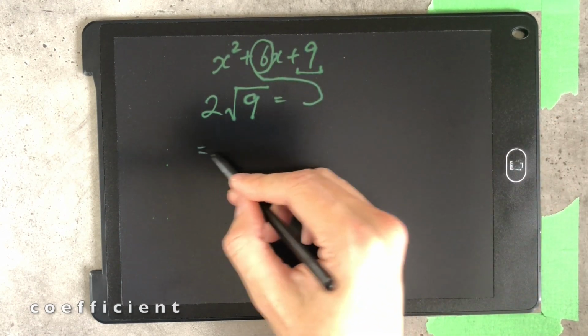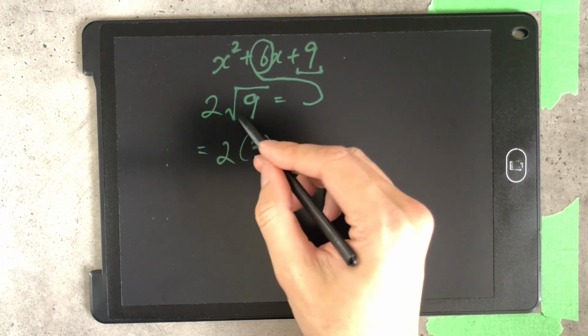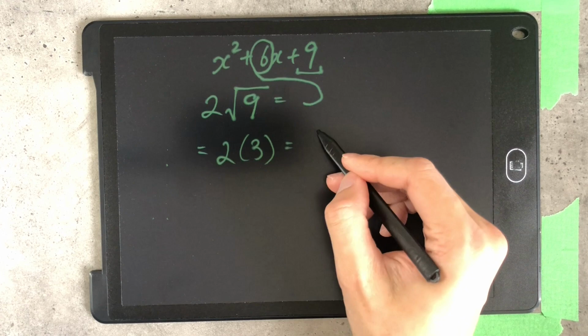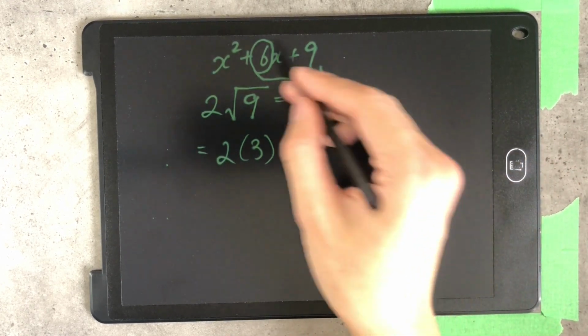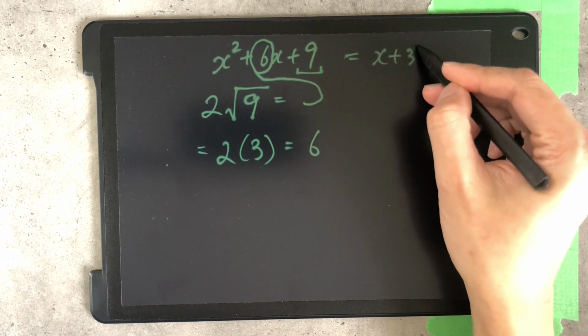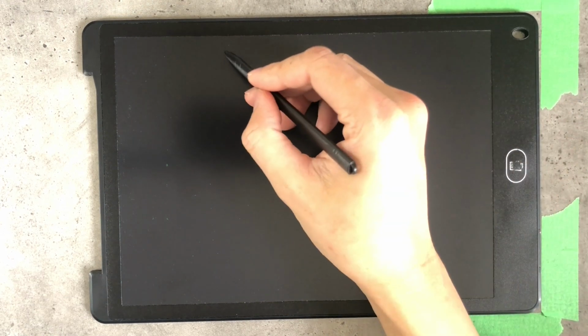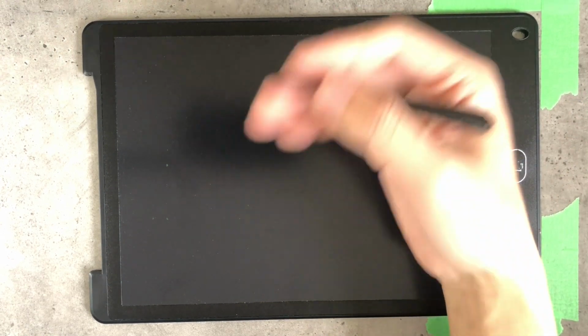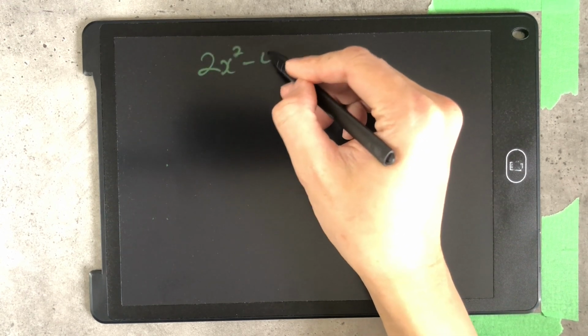So if you do it, we have 2 times the square root of 9, which is 3, and that's equal to 6. So any case you have such a form, you can also write it as x plus 3 squared, because it's a perfect square.